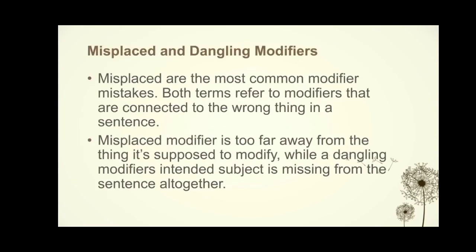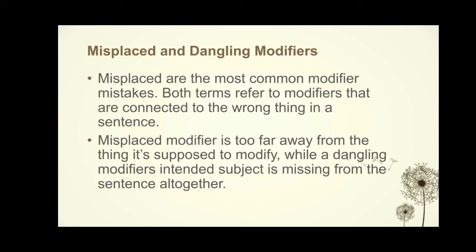Moving forward to the next, misplaced and dangling modifiers. Misplaced modifiers are the most common modifier mistakes. Both terms refer to modifiers that are connected to the wrong thing in a sentence. A misplaced modifier is too far away from the thing it's supposed to modify, while a dangling modifier's intended subject is missing from the sentence altogether.